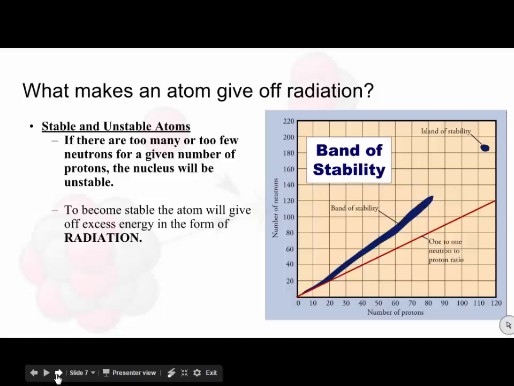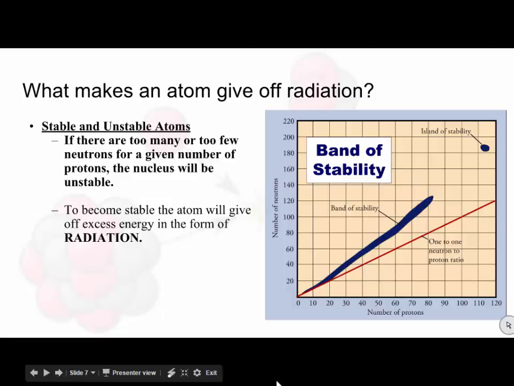So the role of the neutron is to separate those positive charges in the nucleus to make the atom more stable. If there are too many protons and not enough neutrons, or too many neutrons and a small amount of protons, we'll sometimes get an unstable atom. And this unstable atom, in order to become stable, will go through a nuclear decay process, releasing radiation.